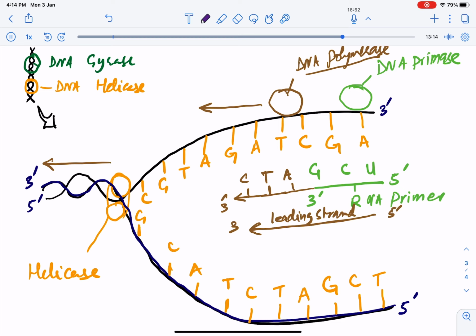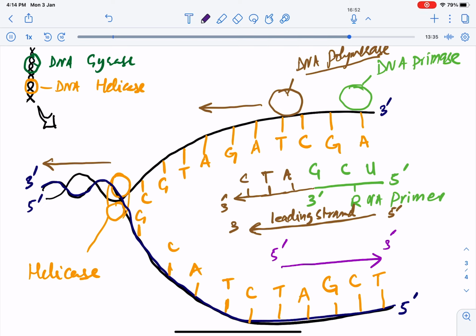So the newly synthesized DNA strand on the lower strand will be in an opposite direction. So it will have 5' on this side and 3' on this side.